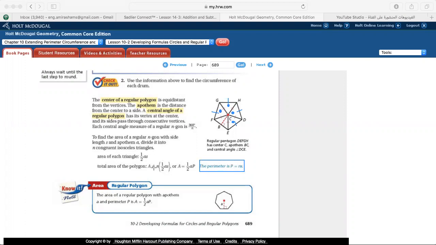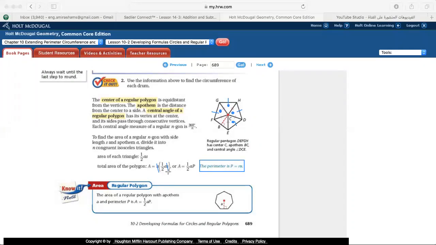So here I have N, and here I have S. I can remove N and S, and I can replace them by P, which is the perimeter. So I can get another formula for the area of the polygon, which is half AP, half the apothem multiplied by the perimeter of the polygon.